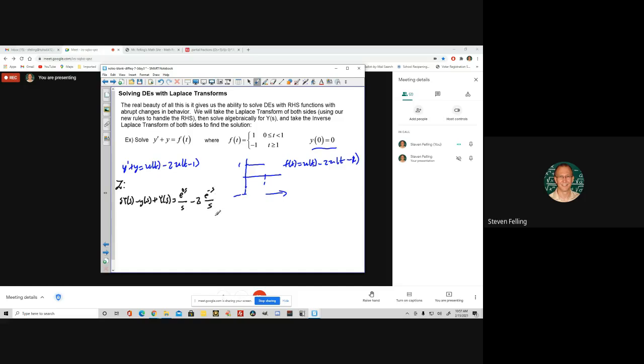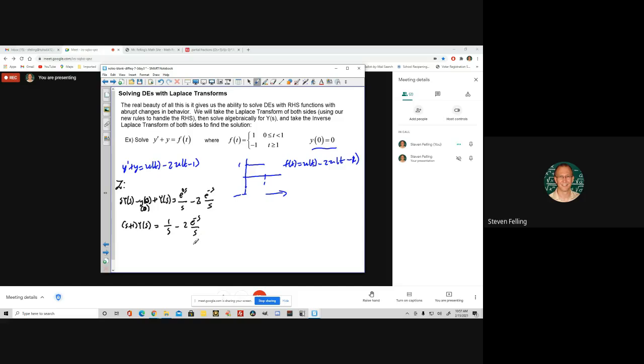If I factor out the Y(s), I have s plus 1 times Y(s), and y of 0 they said was 0, so that is 0 here. And then let me write this as 1 over s minus 2 e to the negative s over s.